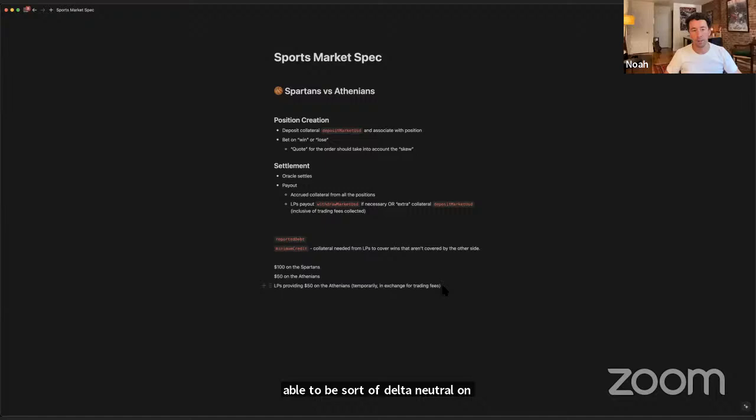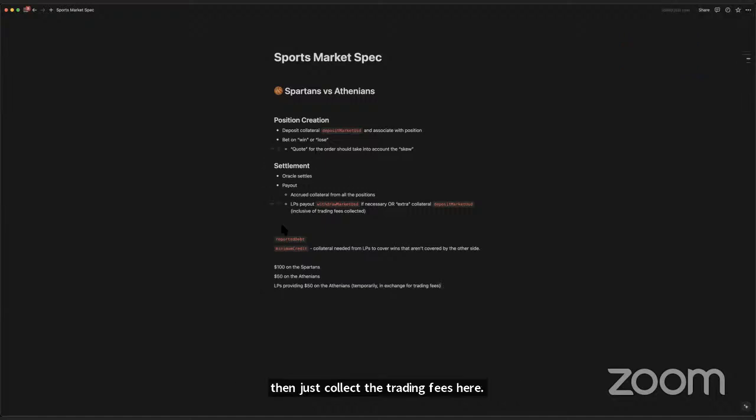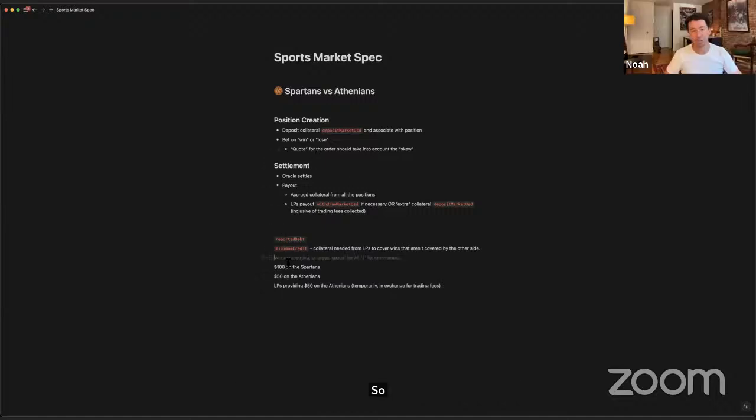Exactly. Providing better odds on the Athenians would be one way to do that. And if it's better odds than other trading venues are offering, then you would assume an arbitrager would come in and pick that up.